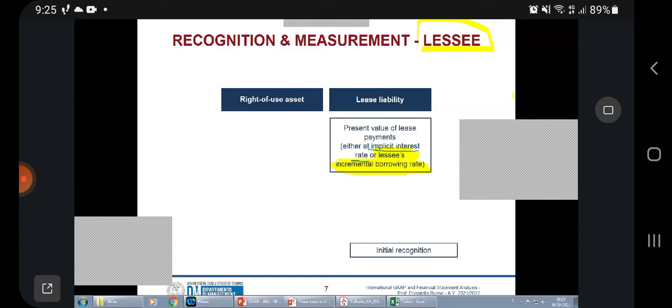But we cannot use simply that cost, because that cost is for the actual debts. Now, we are looking for an interest rate for a new incremental debt. So it depends on the different companies.